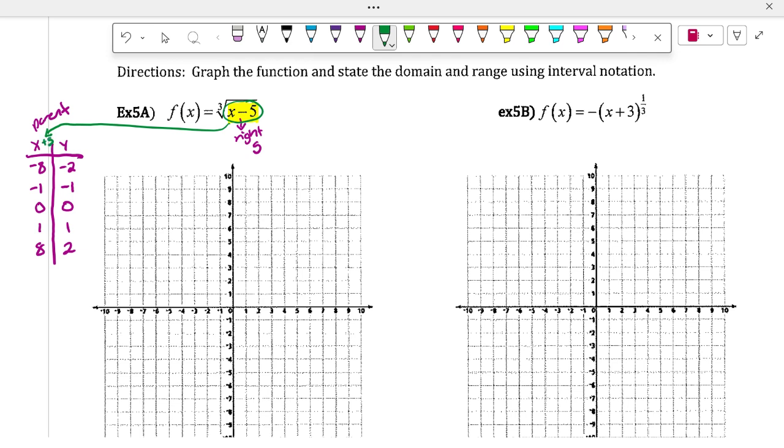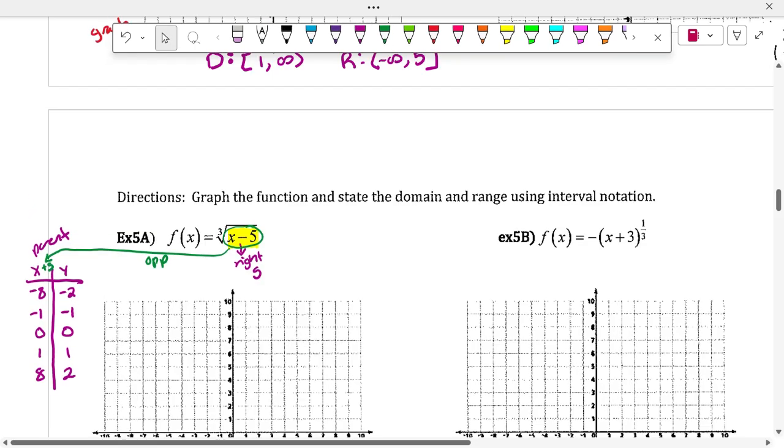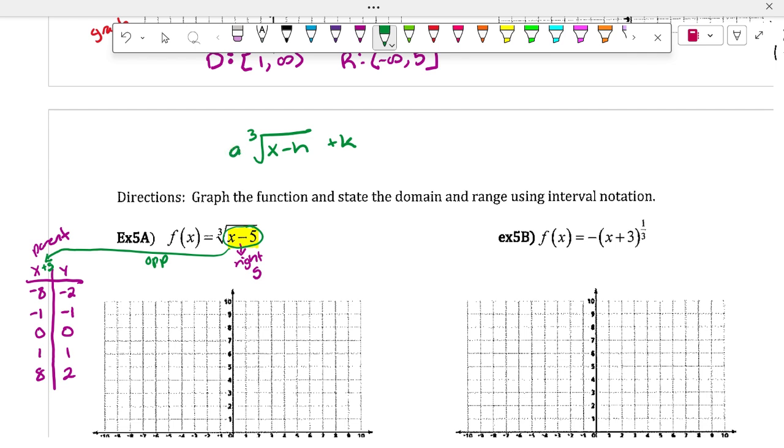Adding 5. So guys, the reason it's opposite in here is because of how you write out the function, the same way you do quadratic vertex form. It's just the formula for it. Same thing with the square roots. This is the general formula where (h, k) is the middle point.